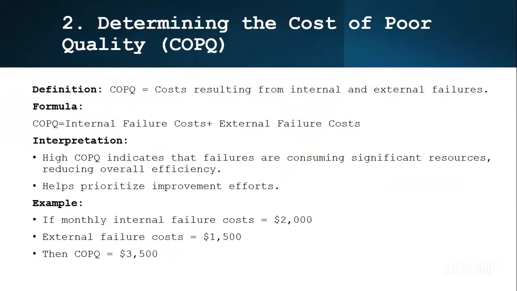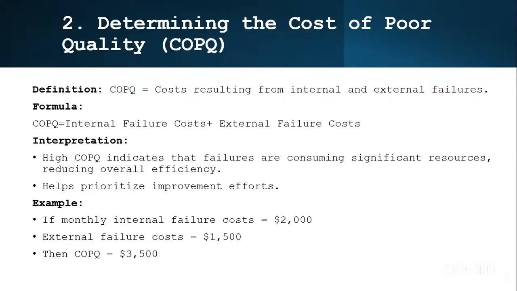So determining the cost of poor quality. How do we determine the cost of poor quality? It's simple. Cost of poor quality, these are costs resulting from internal and external failures. I said that internal failure costs are costs that are detected from errors before the results are actually given out to the patient.